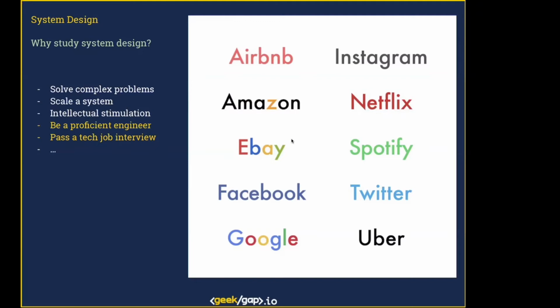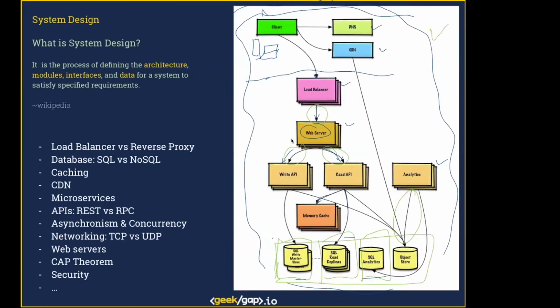You know how the components interact with one another. And it helps you pass the tech job interview, because most companies are going to ask you a system design question at some point, definitely. And you need to be able to design something like this and explain what is happening.